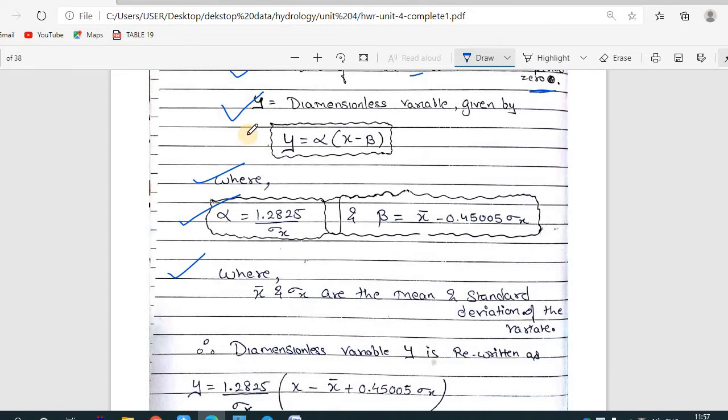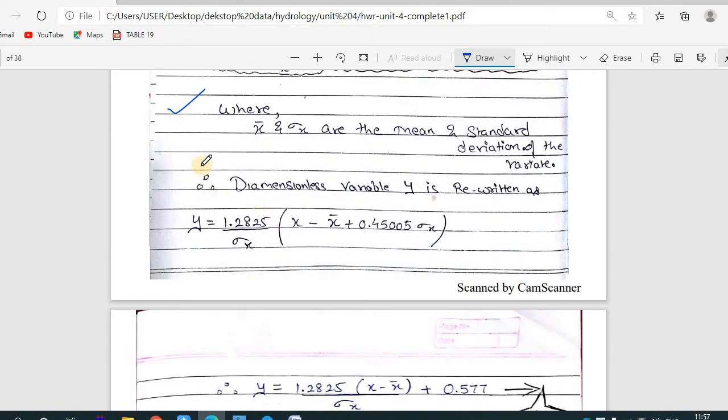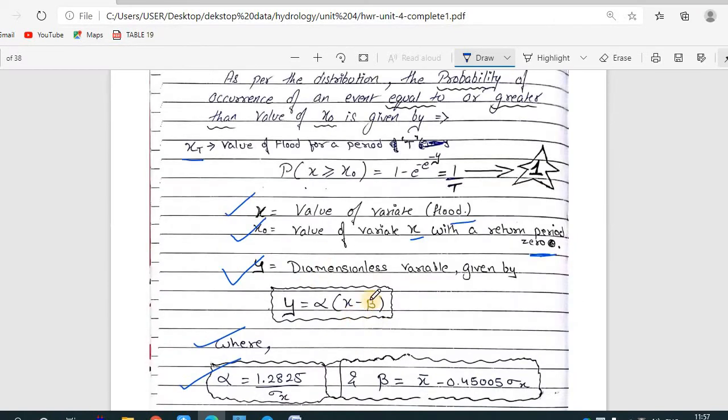The dimensionless variable y is rewritten by replacing the alpha value and the beta value.